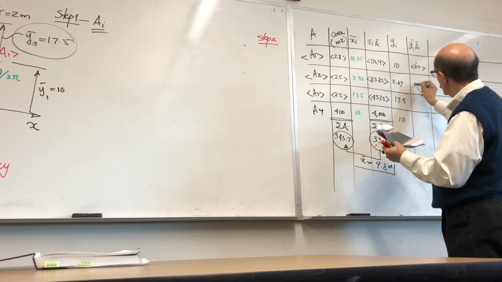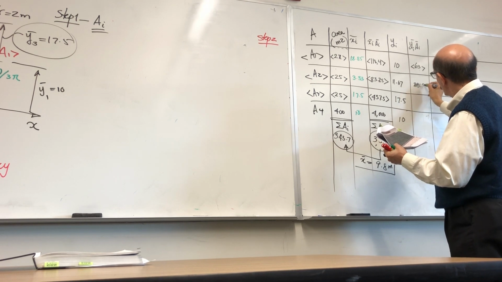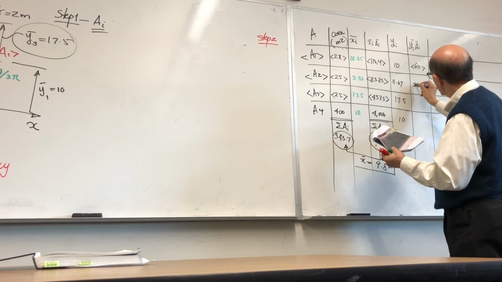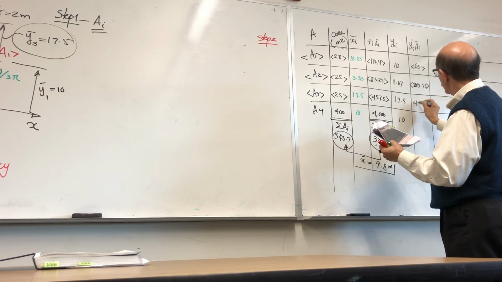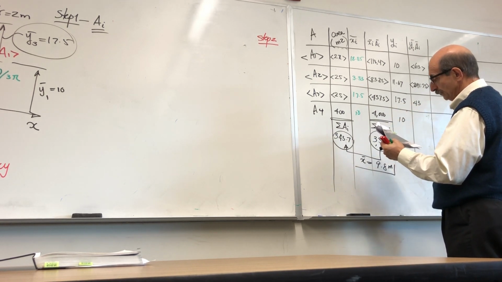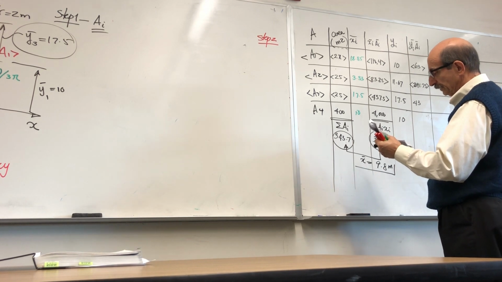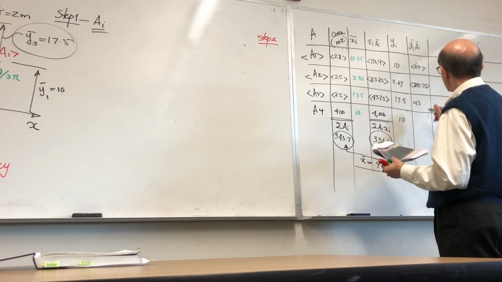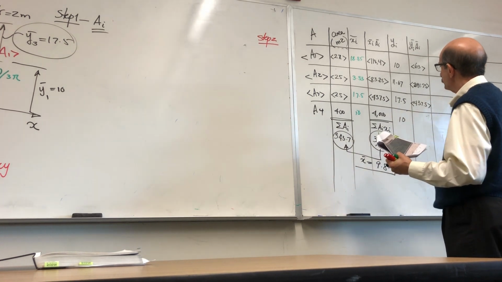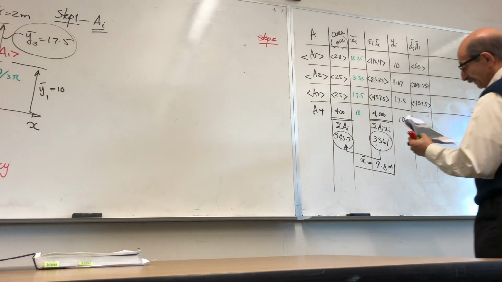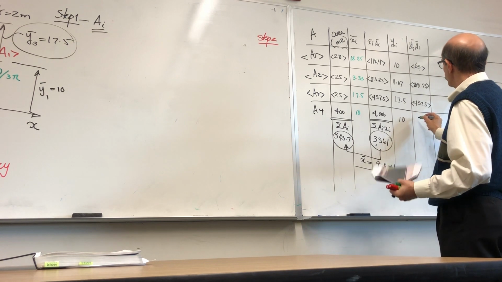You get 291.75, 437.5, which should be the same, and then 4,000.